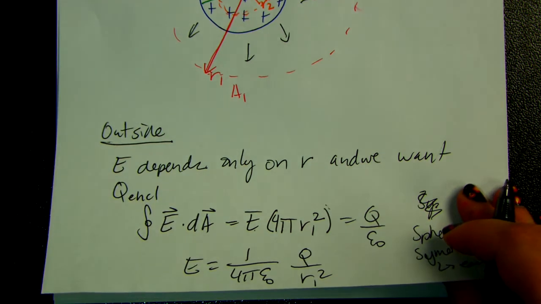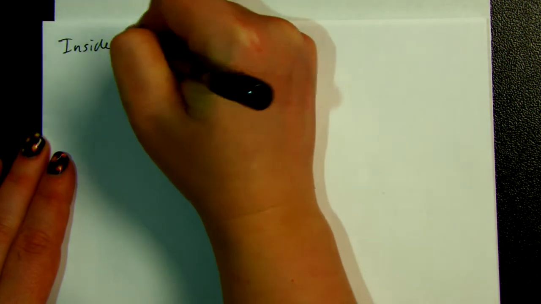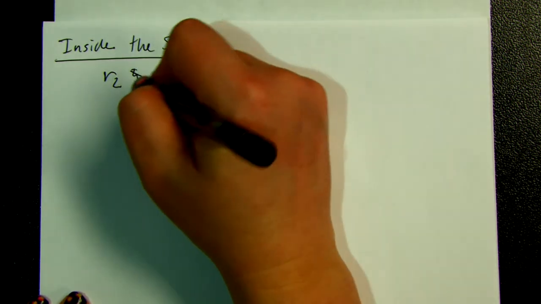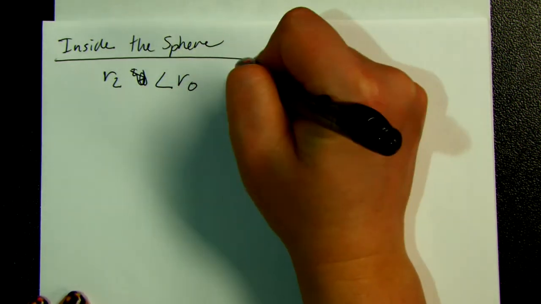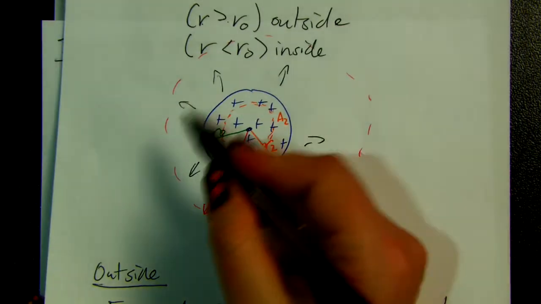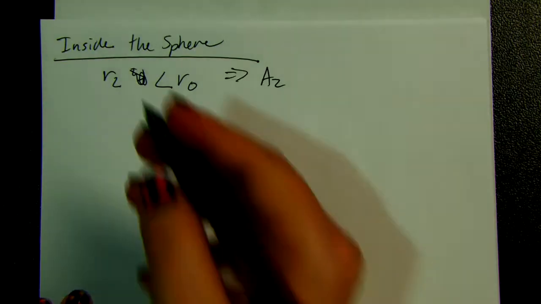All right, so now let's look at approaching this from the inside. So inside the sphere, R2 is less than R0. So now we're looking at A2. So that is this orange Gaussian surface right here. All right, so we can still take advantage of the symmetry of the sphere.